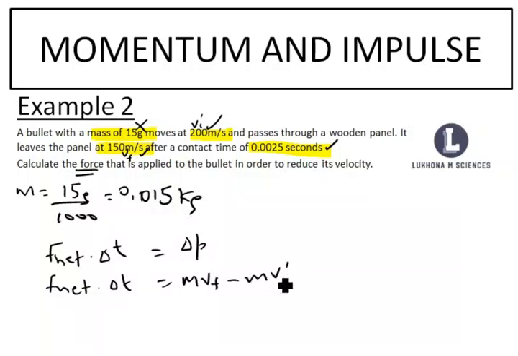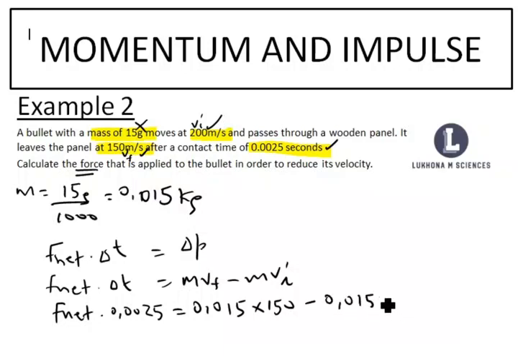Now let's substitute. We are looking for the force. F net times the time, 0.0025, is equal to the mass, 0.015, times the final velocity, 150, minus 0.015 times the initial velocity, 200. Then we press the calculator here. So we get negative 0.75.